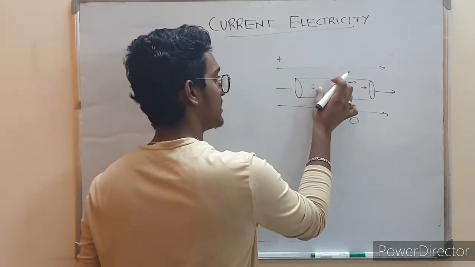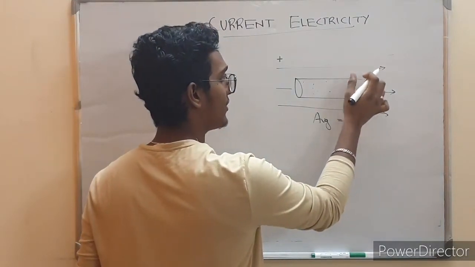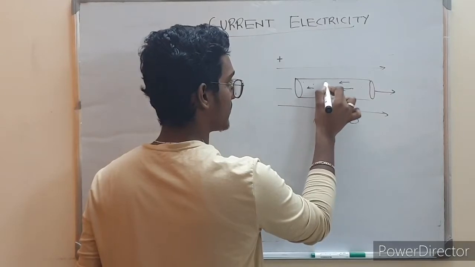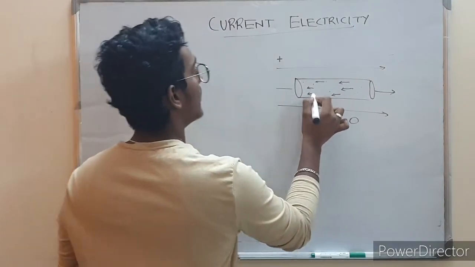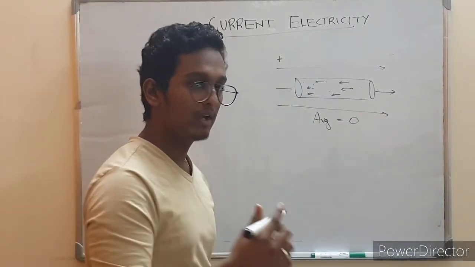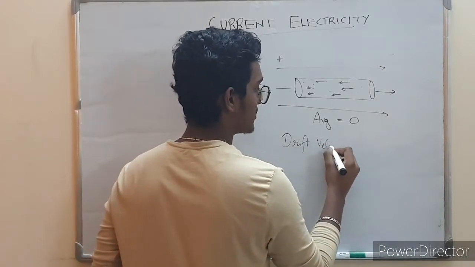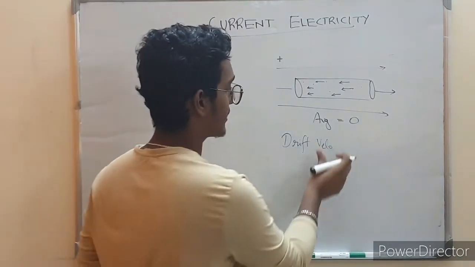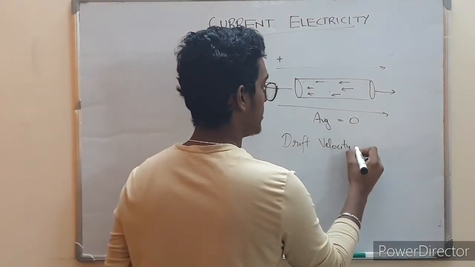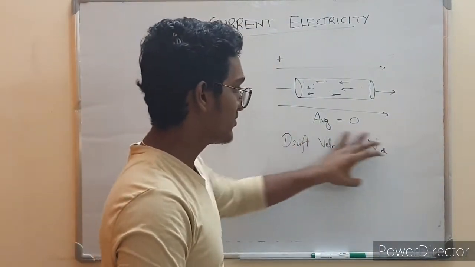So all these particles' velocities, which were previously in random directions, now are going to get focused in the left direction. So now there exists a velocity, and this velocity is called drift velocity. This is because you're forcing them to drift towards one direction with the help of a field. So drift velocity is denoted by V with a subscript D. So this is about drift velocity.